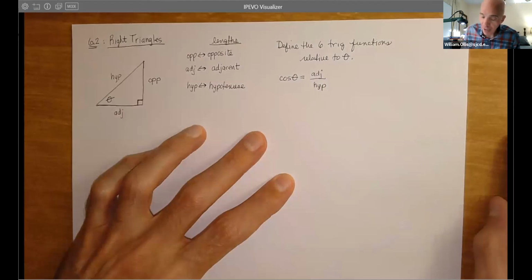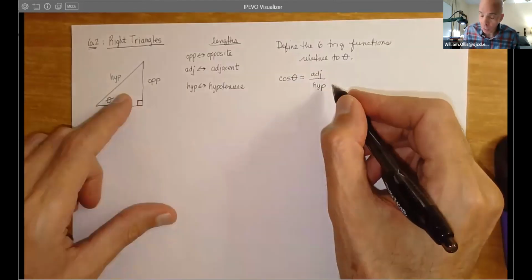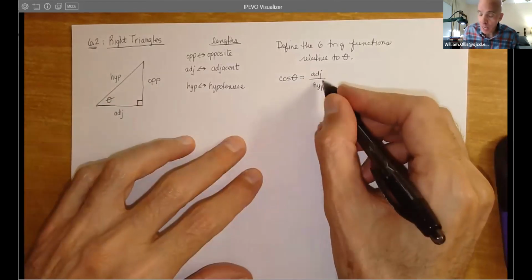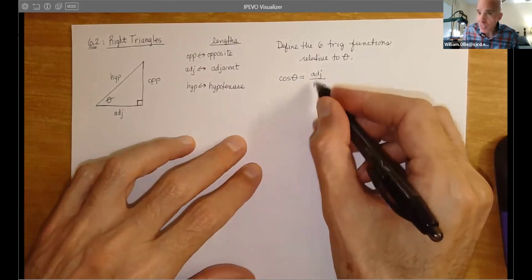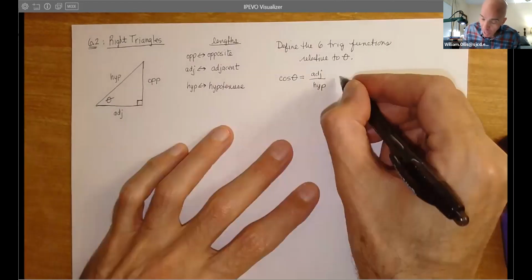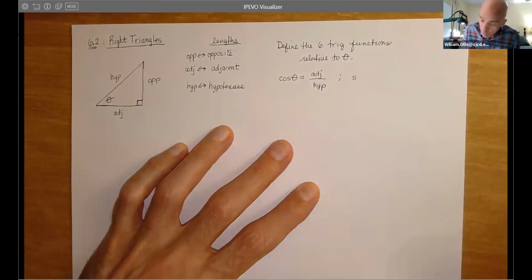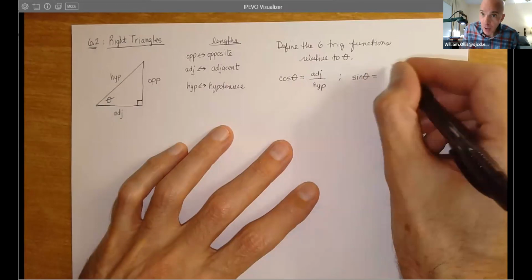And again, by the Pythagorean theorem, these are going to be positive ratios because this is a triangle, but we're going to actually see that this definition can be no bigger than 1. So this is not going to give us something that's out in left field. Likewise, for sine theta, we will define it to be the length of the opposite side.